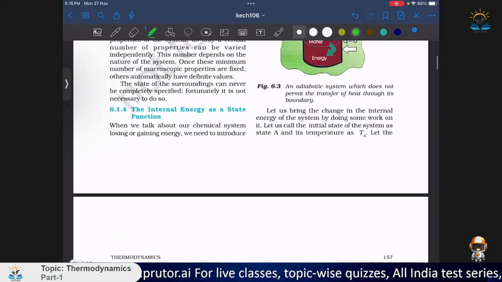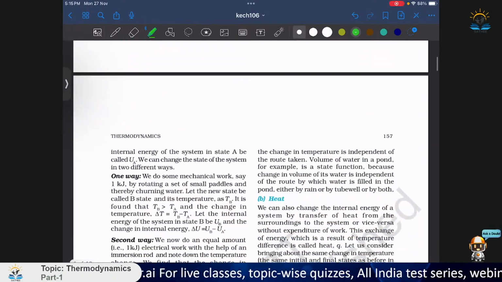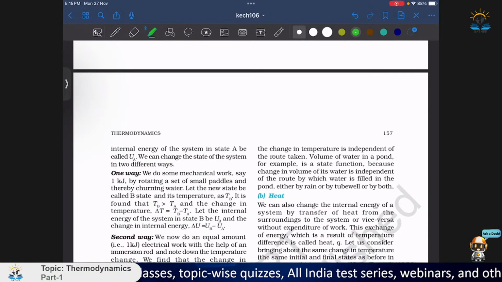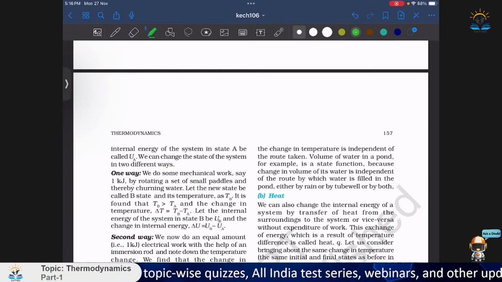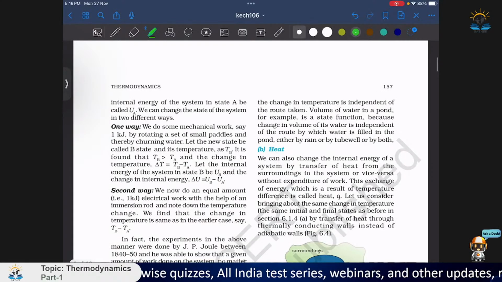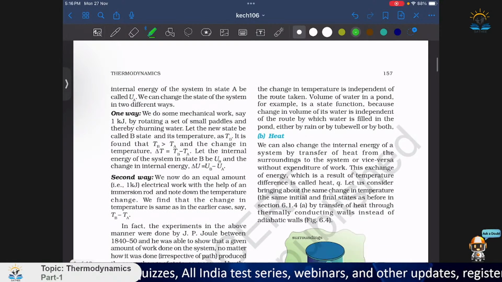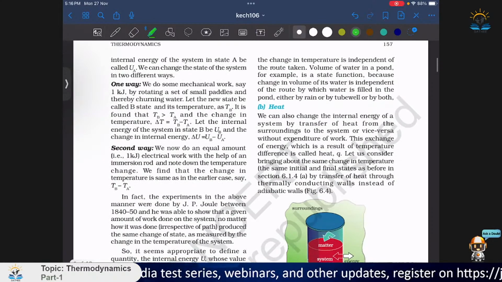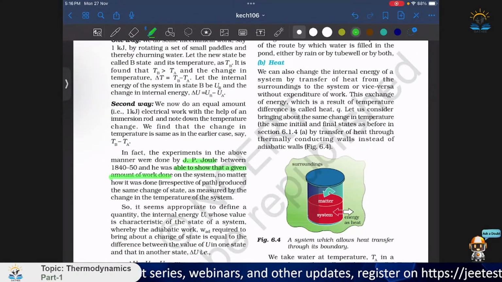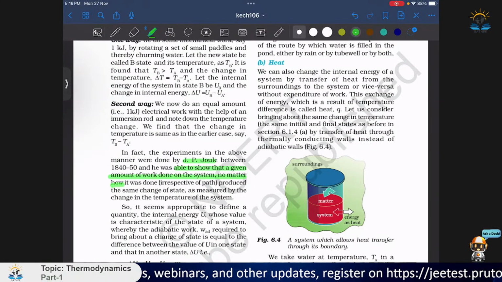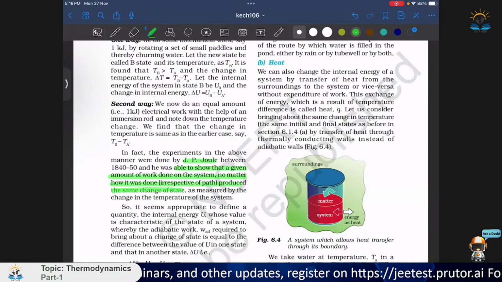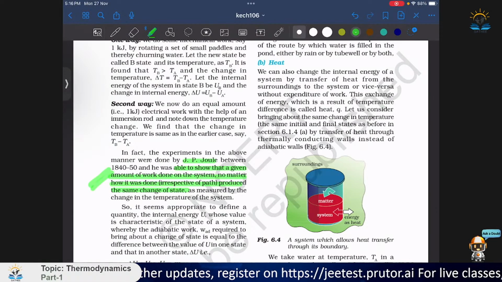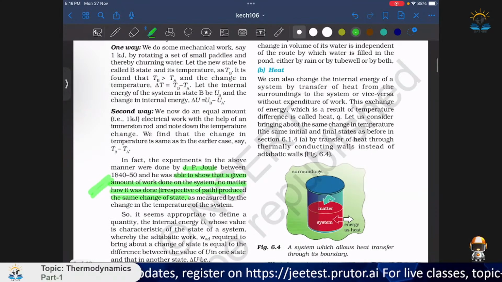The change in internal energy is the same in both cases. So there is no difference in the work done, but the kind of work is different. The experiments of J.P. Joule showed that a given amount of work done on the system, no matter how it was done, produces the same change in state. So the amount of work is relevant, not how it is done.